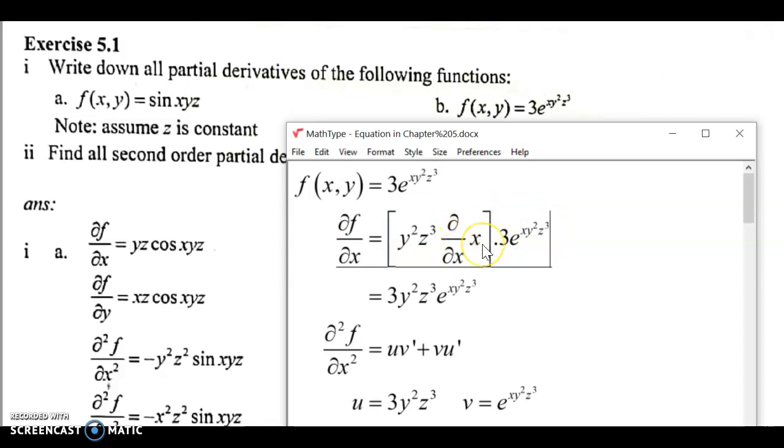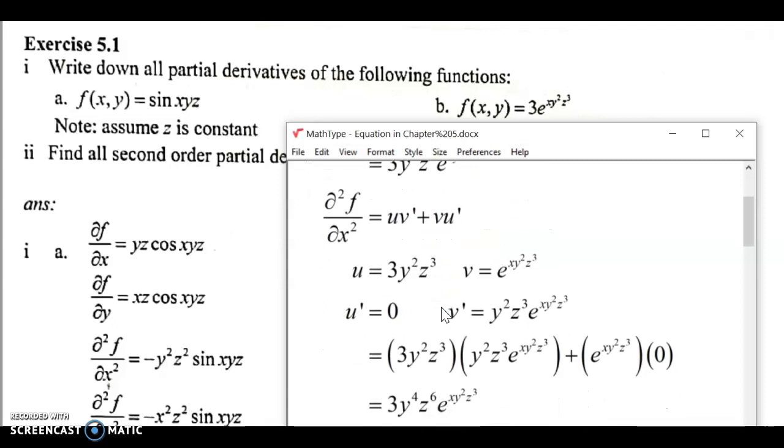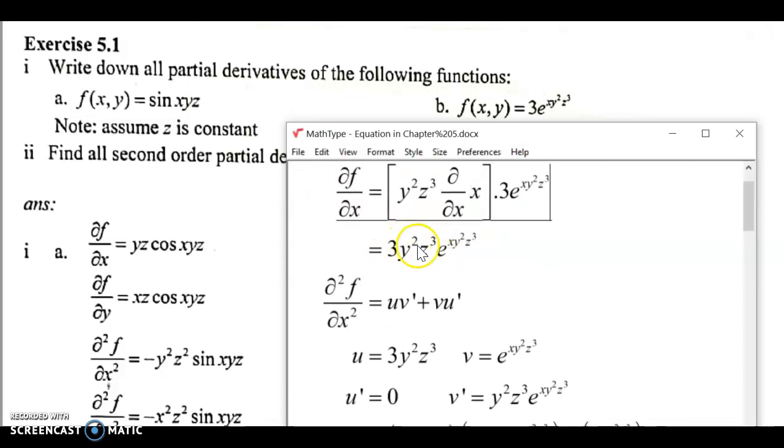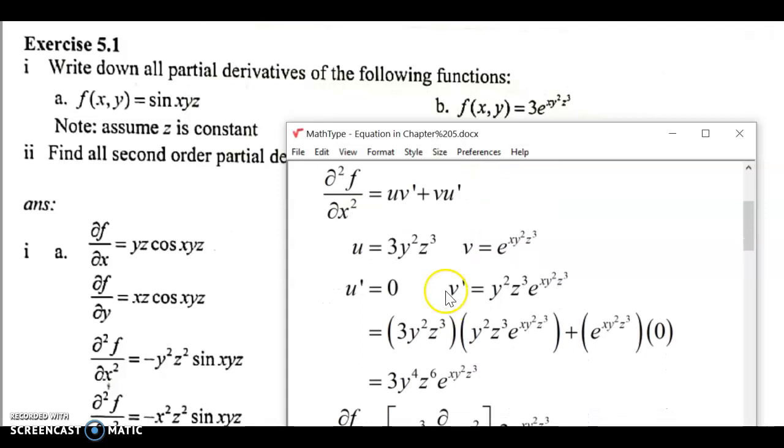We just derive x, so it becomes 1, so that will leave us with y squared z to the power of 3 times the exponent. So this, we will get this. And then for the second derivative, as you can see, we have the first component 3y squared z to the power of 3 times the exponent, so we will conduct the product rule. Okay, this is what you get.